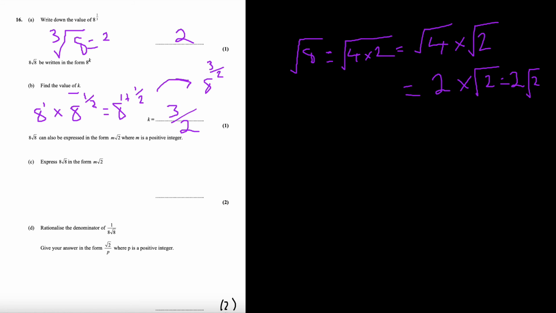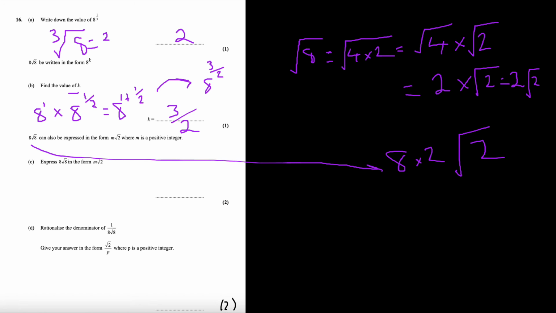Then I'm going to bring the 8 forward, so I have 8 times 2 root 2, which is going to be 16 root 2. So the value of m would be 16.